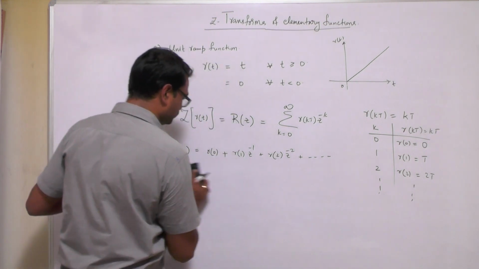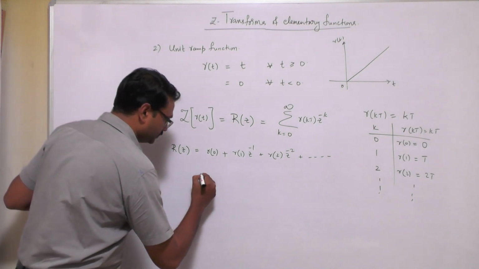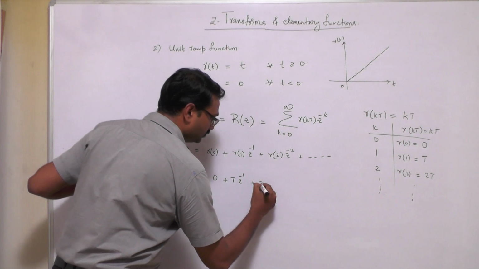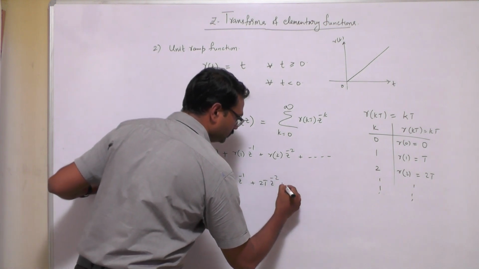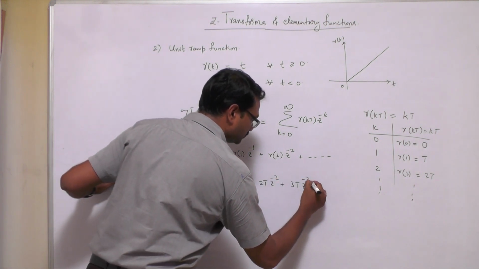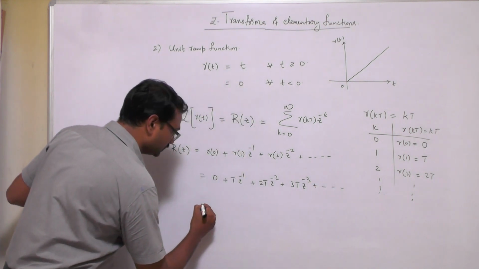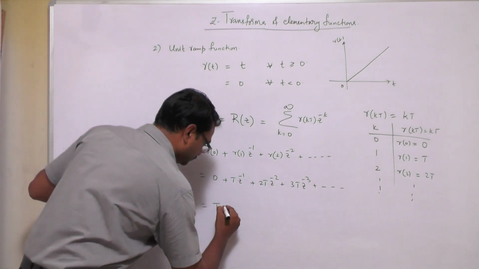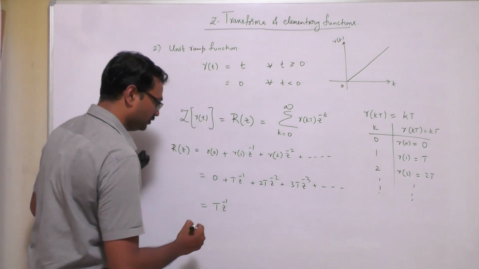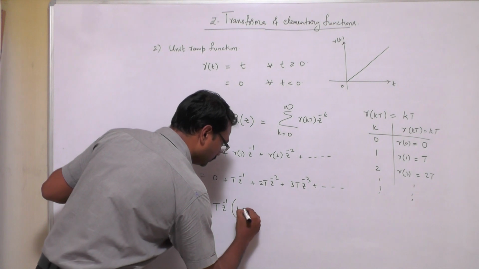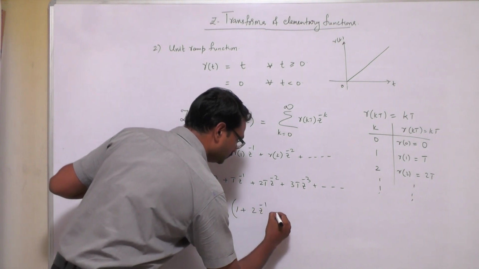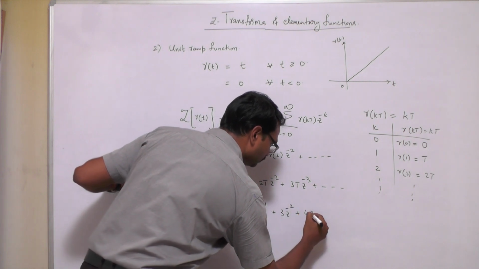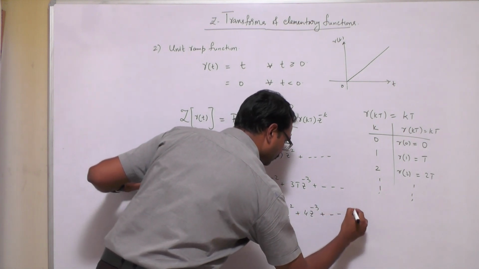Therefore I can have this function: 0 plus t z power minus 1 plus 2t z power minus 2 plus 3t z power minus 3 and so on. So I'll take t and z inverse as common, into 1 plus 2z power minus 1 plus 3z power minus 2 plus 4z power minus 3 plus so on.